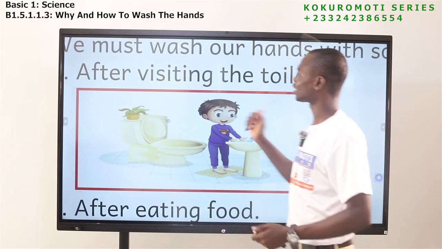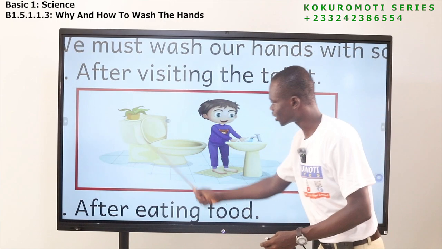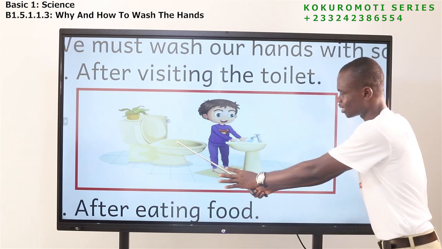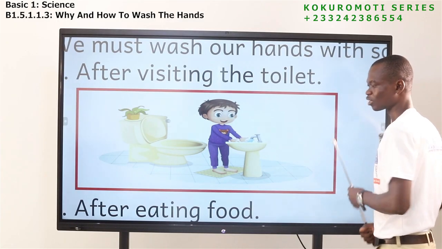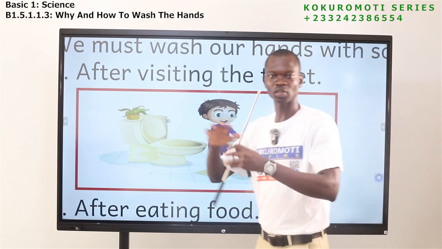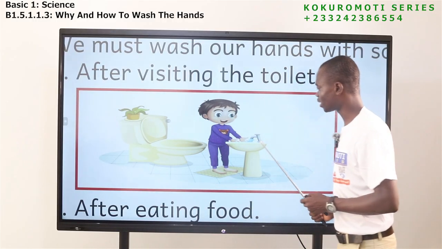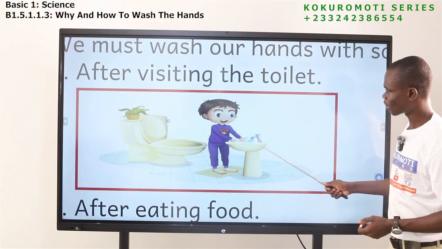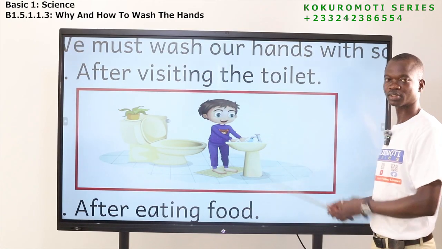Okay. So we are saying that after visiting the toilet, so you see this is the toilet. The boy has finished doing all the things he wants to do here. Now he's leaving that place. But you don't have to leave with your hands unwashed. You need to wash your hands. So you see the boy here is washing the hands. Now look at the water. This water is the running water. Water from the tap is what?